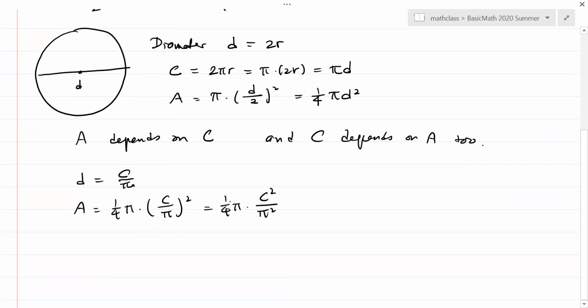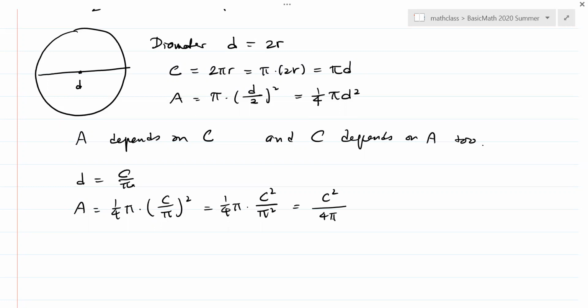You have a pi on the top and pi squared at the bottom, so cancel one pi. Then you finally get C squared over 4 pi. So that shows how the area depends on the circumference.